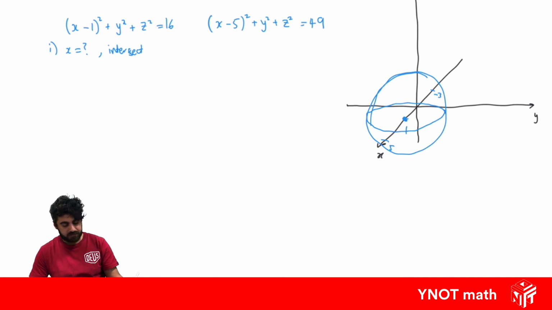Now the other sphere we'll draw in red, and that's going to be centered at the point (5, 0, 0) with a radius of 7. So we might extend our x-axis a bit.